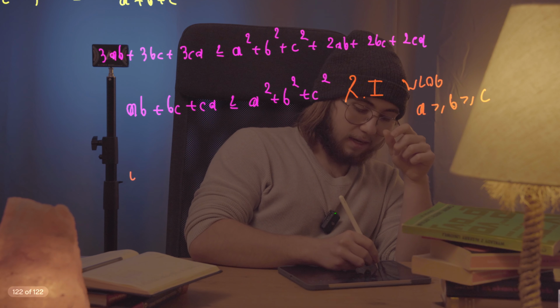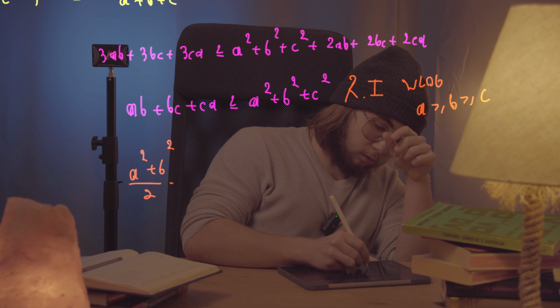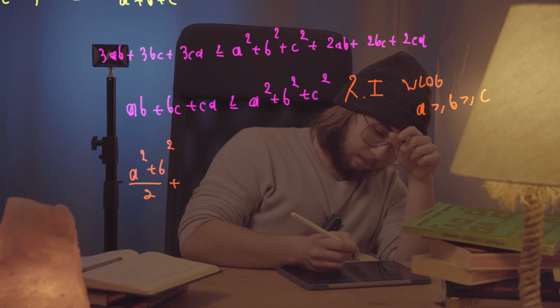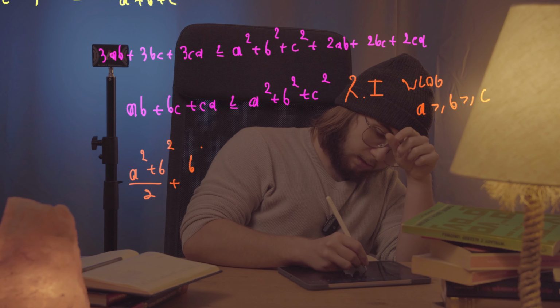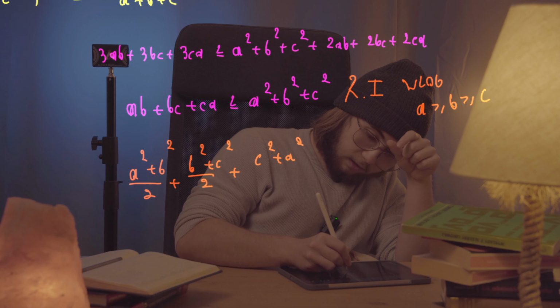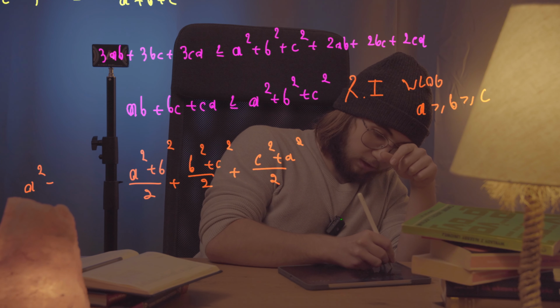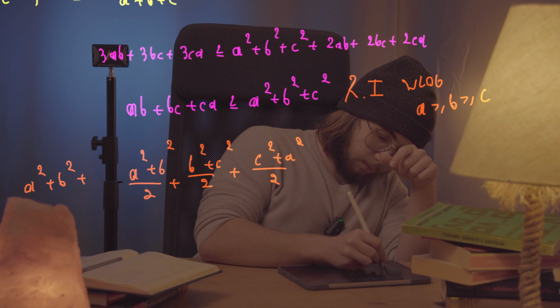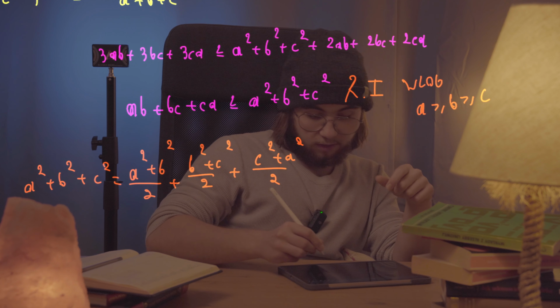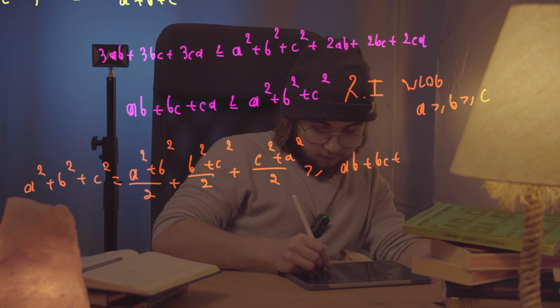You could just say that (a squared plus b squared) all over 2 plus (b squared plus c squared) all over 2 plus (c squared plus a squared) all over 2, which is, by the way, equal to a squared plus b squared plus c squared, is going to be greater than or equal to ab plus bc plus ca.